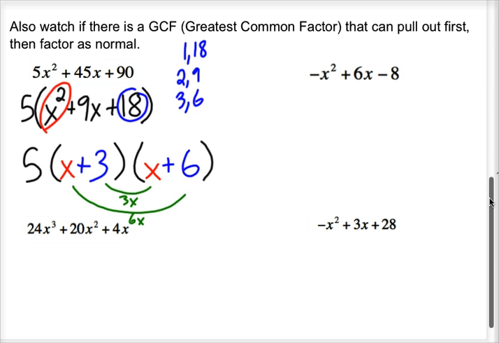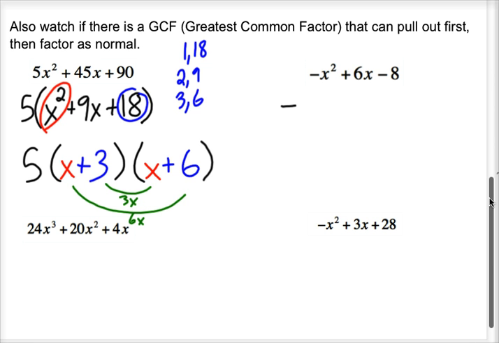Now, in our next one, the negative x squared plus 6x minus 8. In this one, notice the x squared term is negative. Now, when the x squared term is negative, instead of pulling out a number, we're actually going to pull out that negative. It's going to be a whole lot easier factoring this thing if you pull out that negative first.